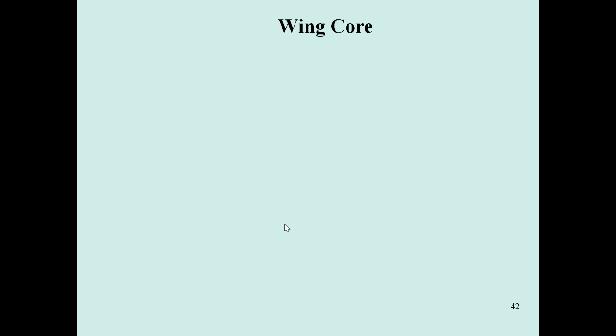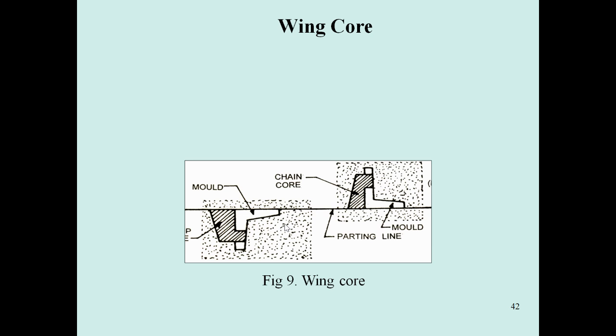Next is the wing core. You can see the diagram of a wing core, showing the parts: mold, core, parting line, and mold.